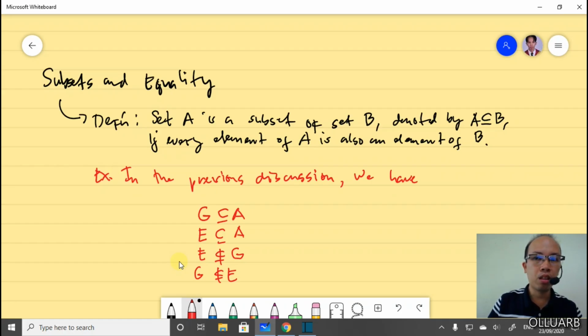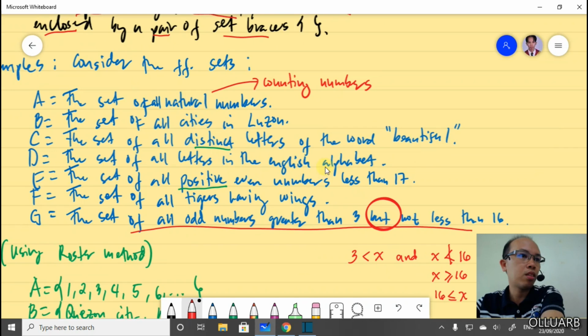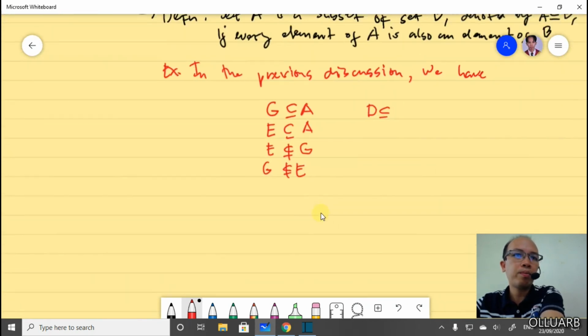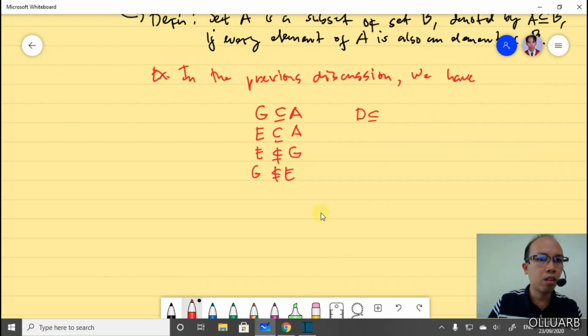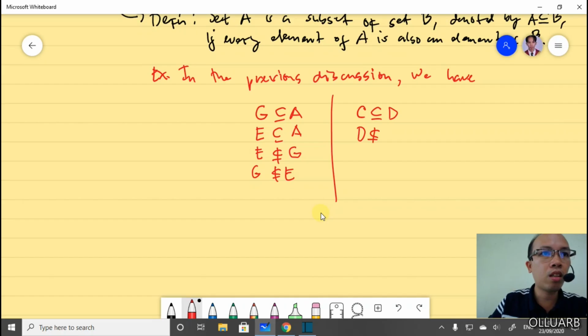Beautiful, the set of all distinct letters in the word beautiful, which is denoted by C, is a subset of D. Remember that the set C is the set of all distinct letters in the word beautiful, and the set D is the set of all letters in the English alphabet. Set D is not a subset of set C.